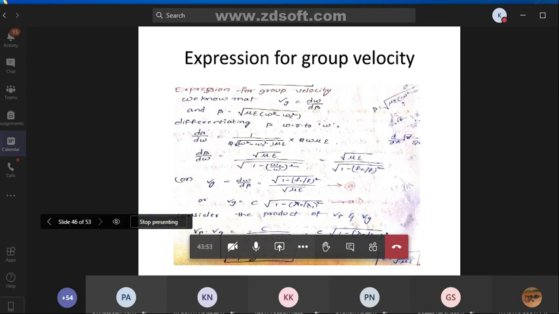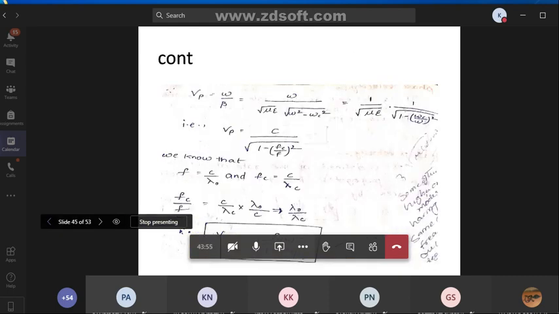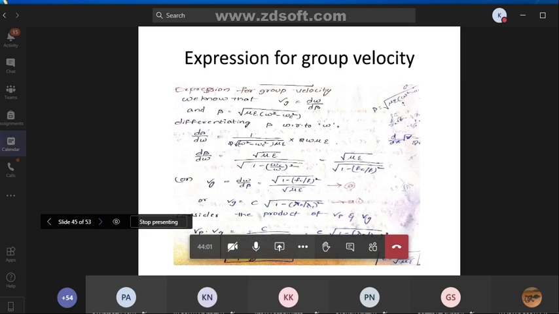So the phase velocity equation is c by square root of 1 minus lambda naught by lambda c whole square, but the group velocity is c into square root of 1 minus lambda naught by lambda c whole square. Okay.